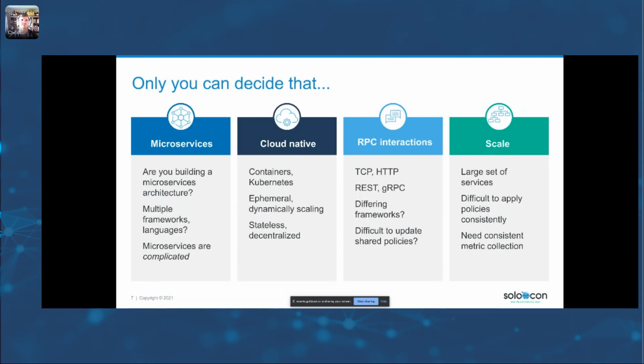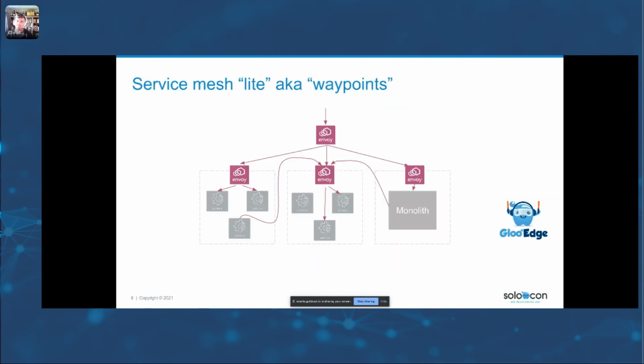Building the infrastructure yourself to do that is a tremendous task. And this is an area that service mesh can help. So before deciding which service mesh, decide whether a service mesh even is applicable for your environment.